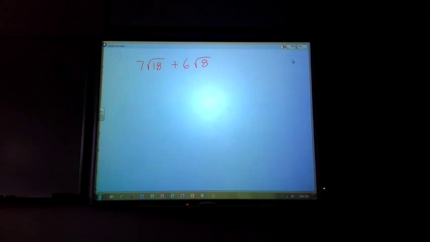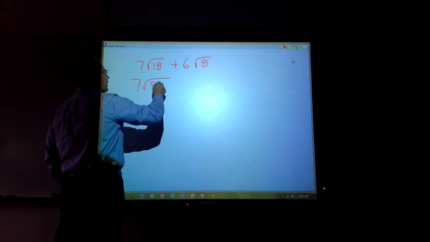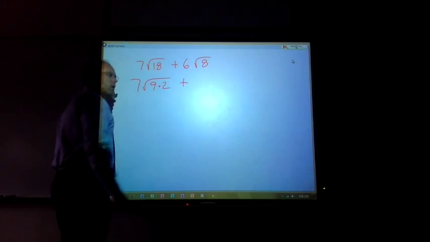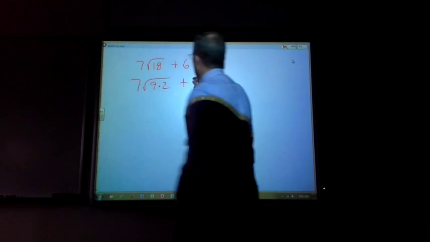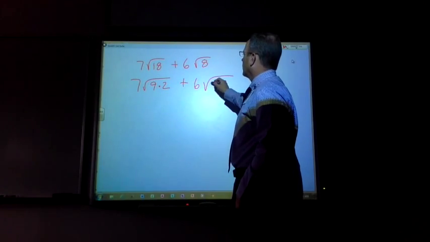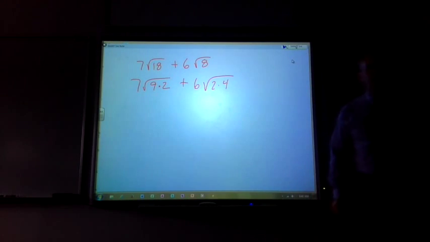Gage, what do you think 18 breaks down to? I like it. Anyone following Gage on this adventure? Preston, what does 8 break down to? Okay. George, 7 square root 9 and 2. Underneath that radical, is one of those a perfect square? 9 is?